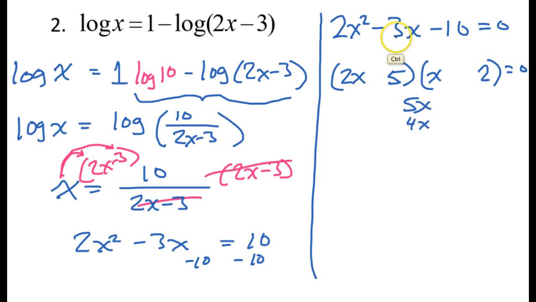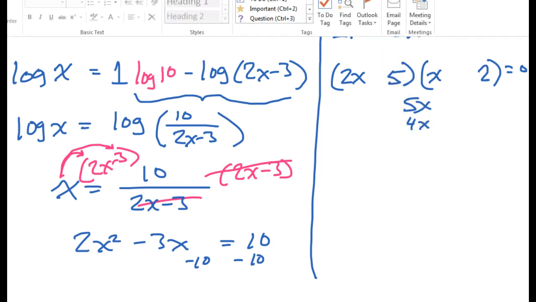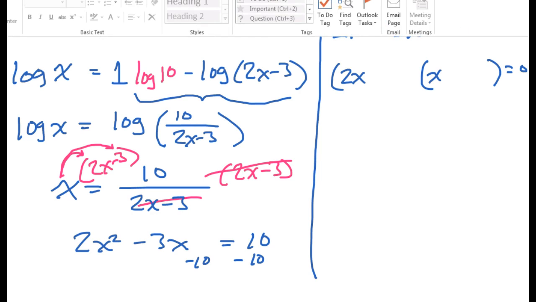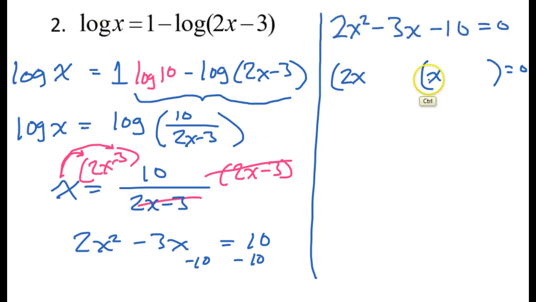Can I get a 3 out of that? No, I cannot. So this is not working. The 2 and 5 option is not working. So I will try the 10 times 1 option, but it's not looking good. In fact, I can't put the 10 here because again I'd have a GCF.